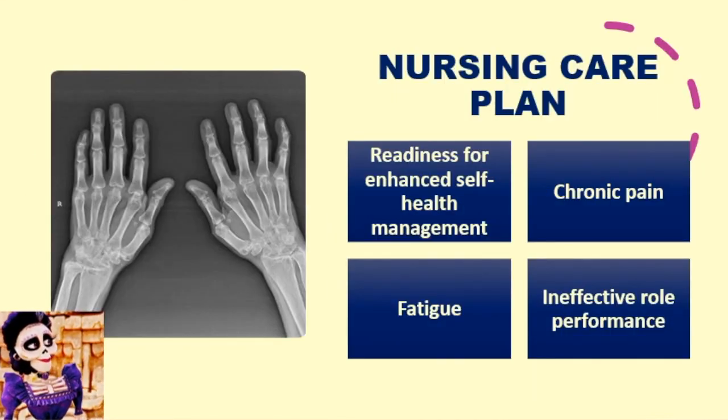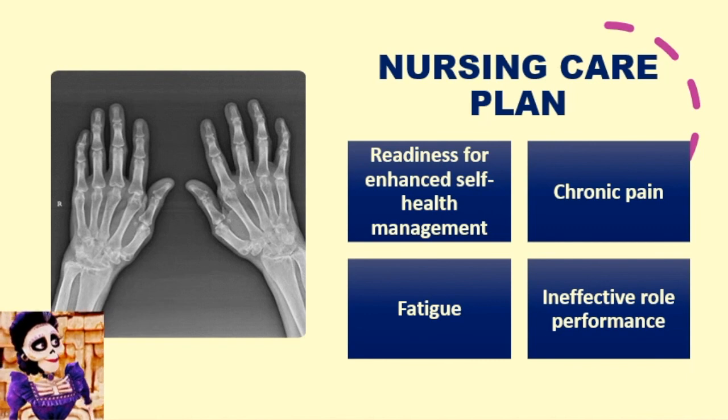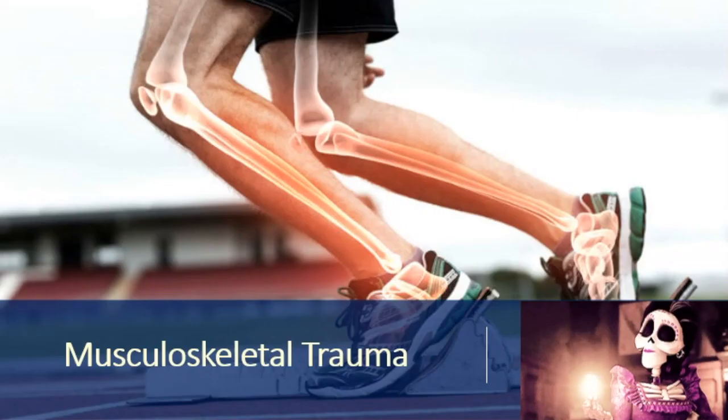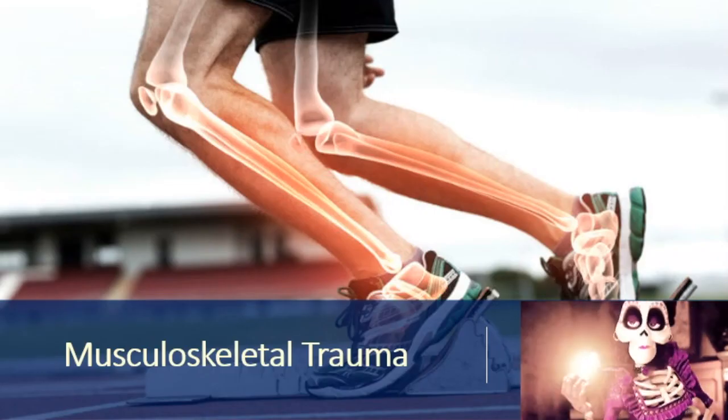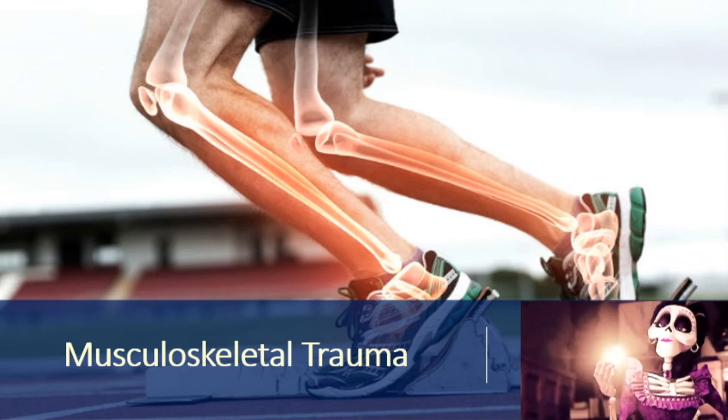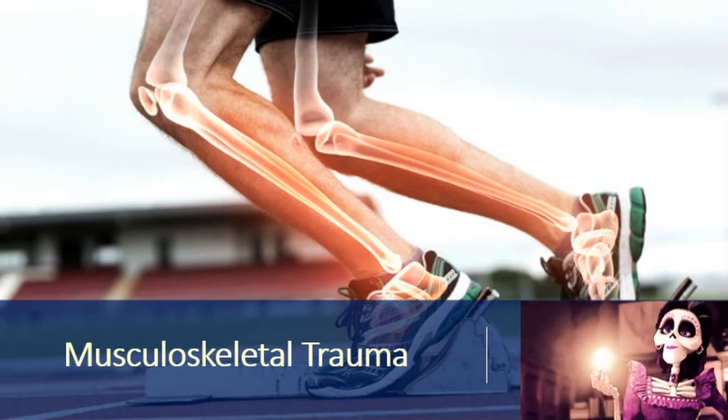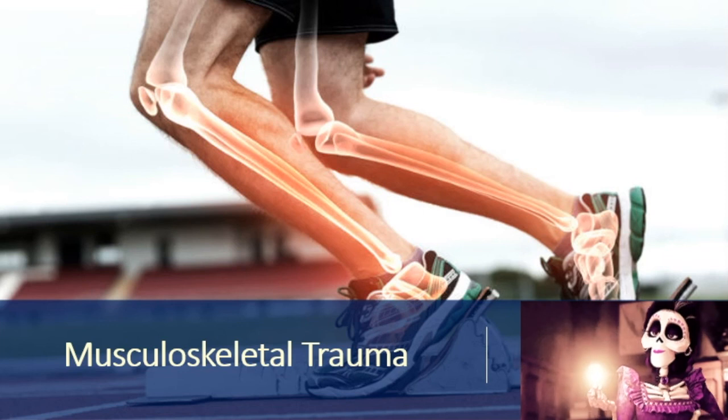And the nursing care plan for this patient would be focused on readiness for enhanced self-health management, chronic pain, fatigue, and then ineffective role performance. Okay, class, that will be the end of the discussion on rheumatoid arthritis and osteoarthritis. Our next topic will be musculoskeletal trauma.